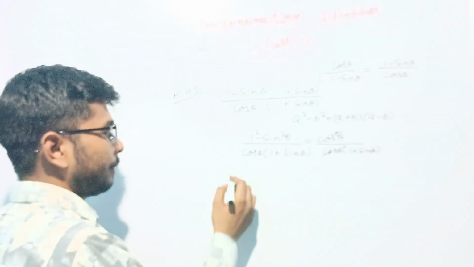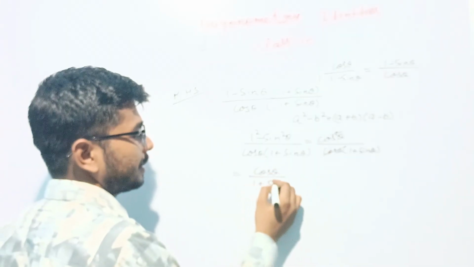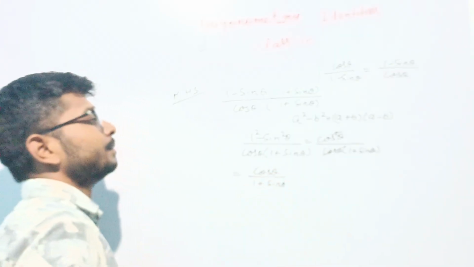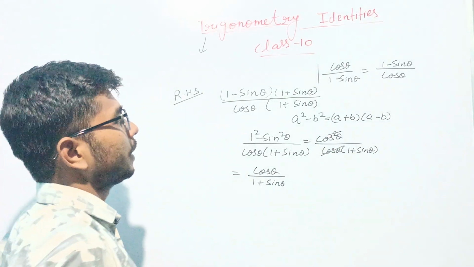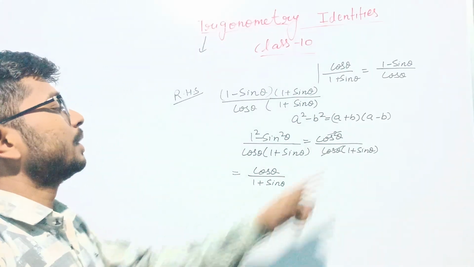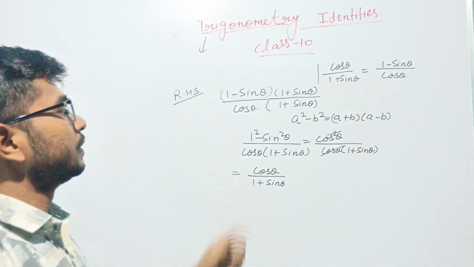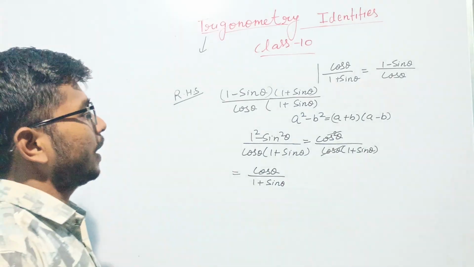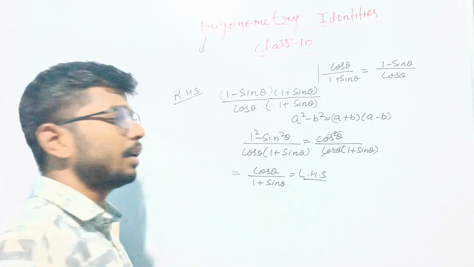So we will get a single cos theta in the numerator, cos theta upon 1 plus sin theta. So finally we got the LHS.